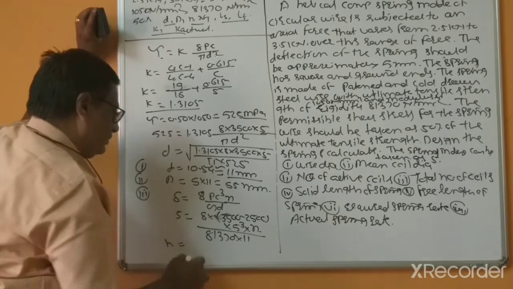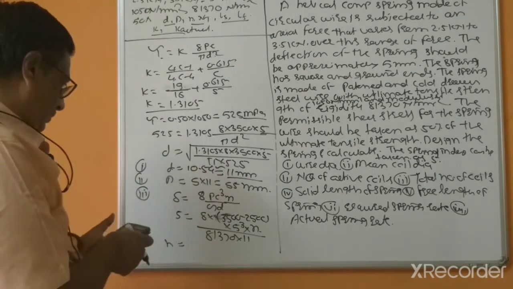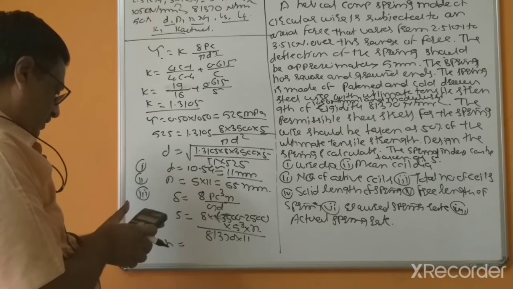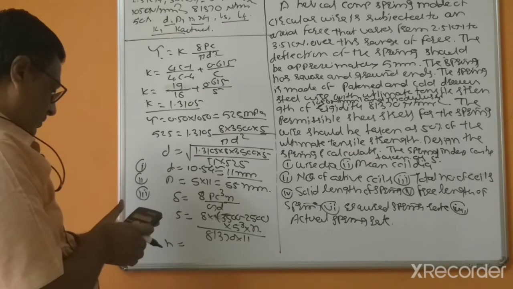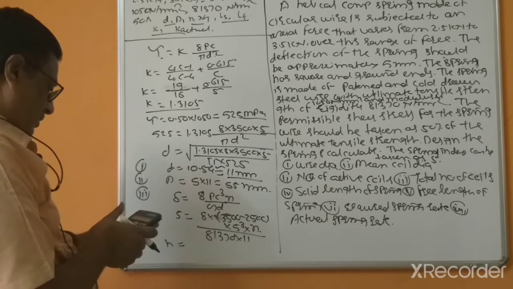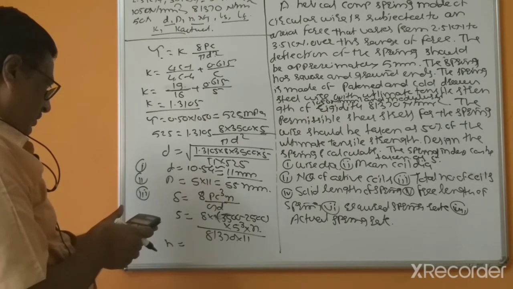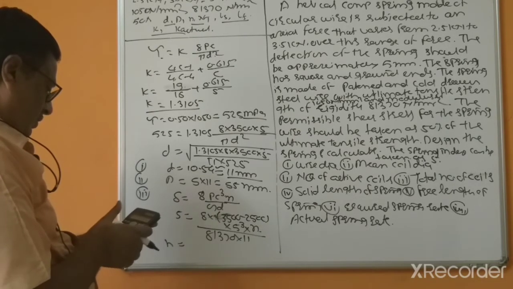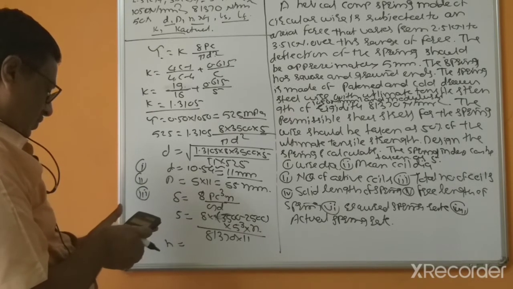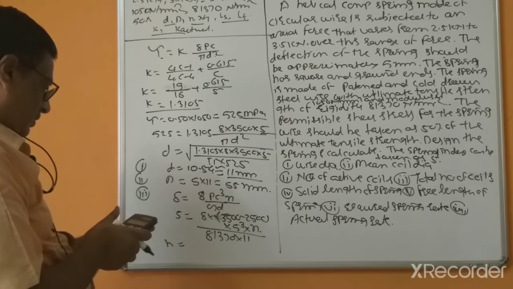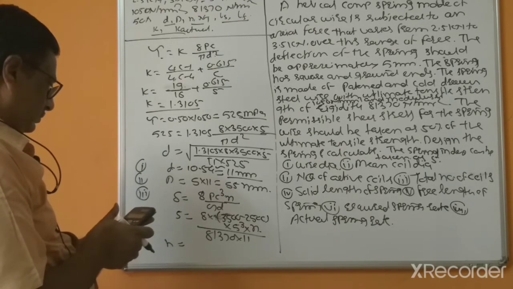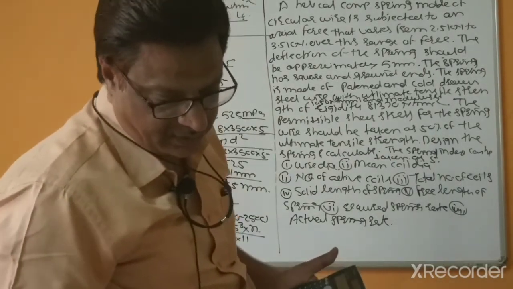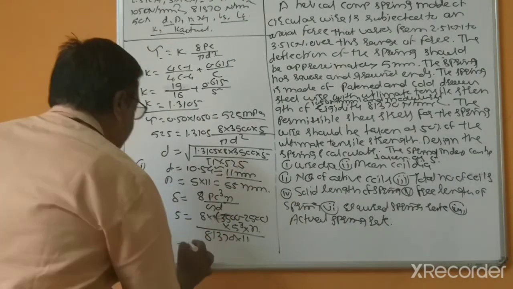N equal to 5 into 81370 multiplied by 11 divided by 8 divided by 1000 divided by 5 cube, equal to, my answer is 4.475.